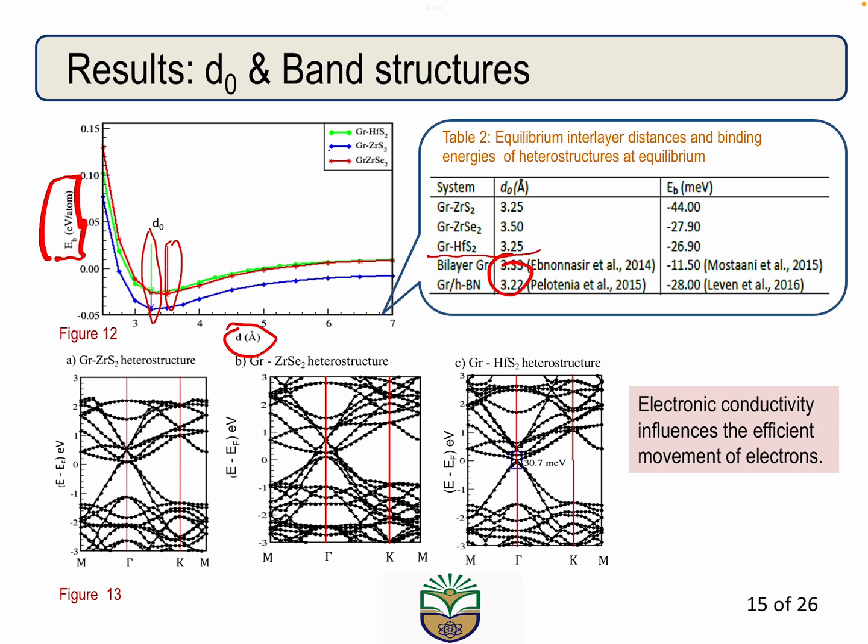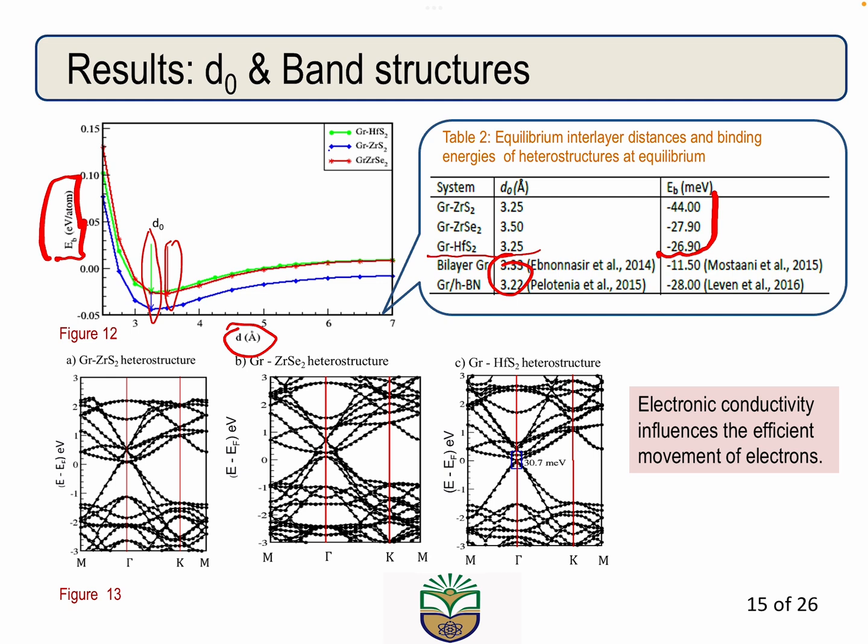The other thing we noted is that within that range, we also had binding energies that were negative, an indication that our system was thermodynamically stable. So after this, we needed to determine the electron conductivity of our system, because you'll find that it influences the efficient movement of electrons.